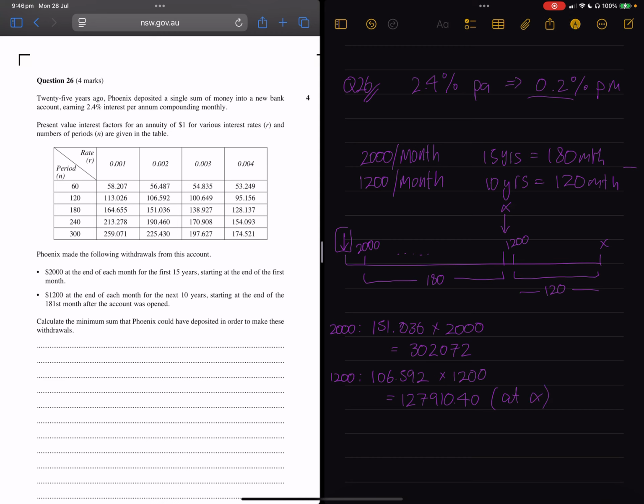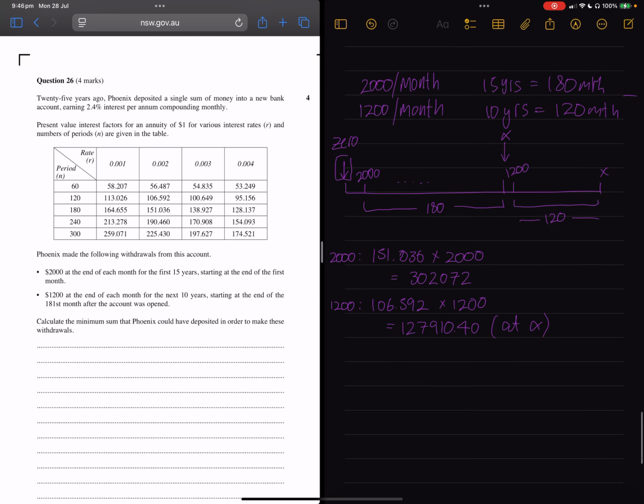This is the amount you'd need in the account at time alpha, not the amount you'd need at time 0 at the beginning. So we need to adjust that using the compound interest formula, because for the first 15 years that money is sitting in the account, it's not going to be used. It's just going to sit there and accrue compound interest. So we need to scale it back so that it's in terms of time 0.